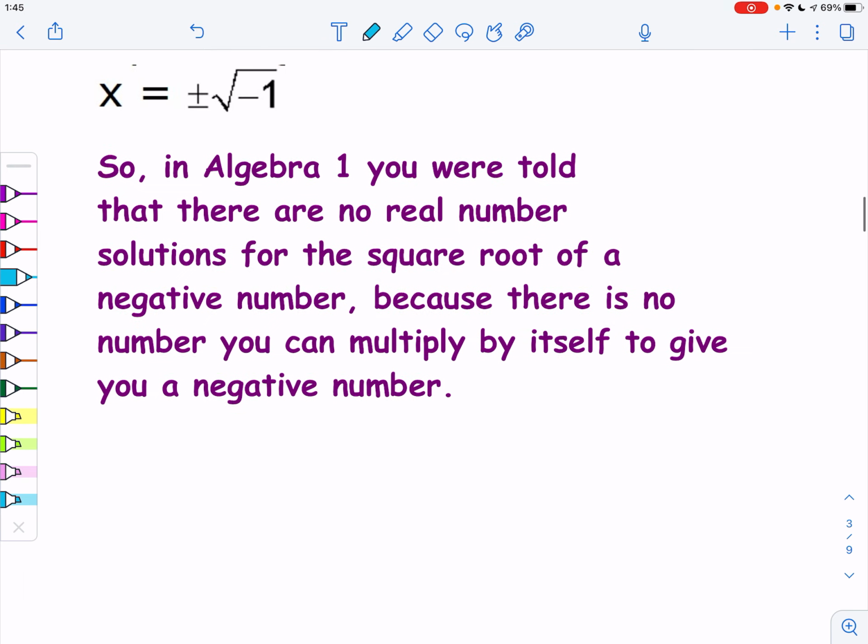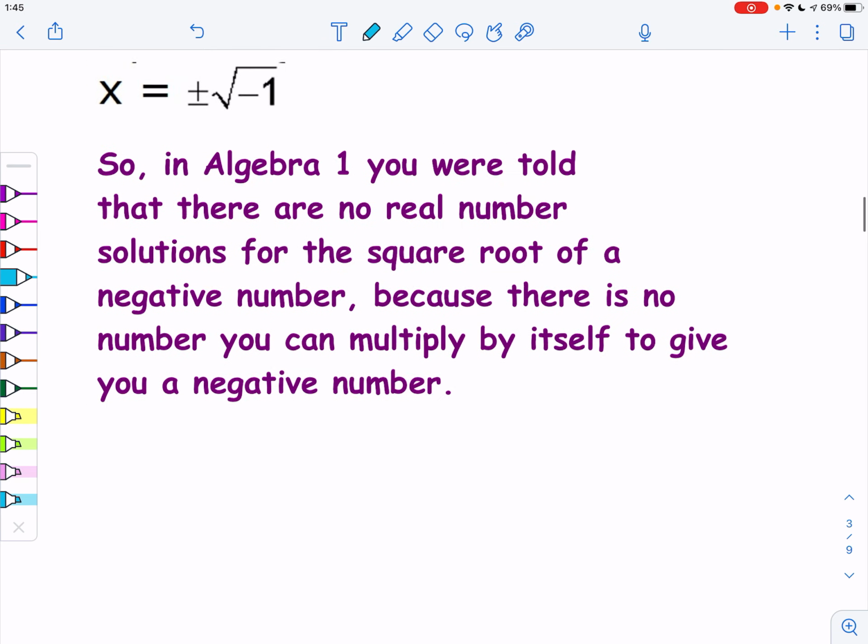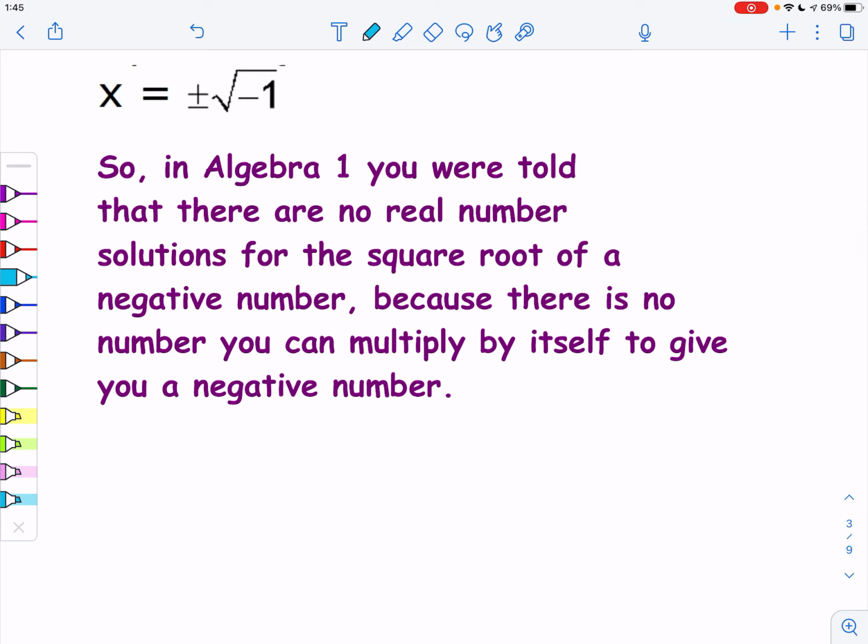Up until this point, you've been told that there are no real number solutions for the square root of a negative number, because of course you know that there's no number you can multiply by itself to give you a negative number. For example, when we say the square root of 9 is positive or negative 3, we mean that if you multiply 3 by itself, you will get 9.